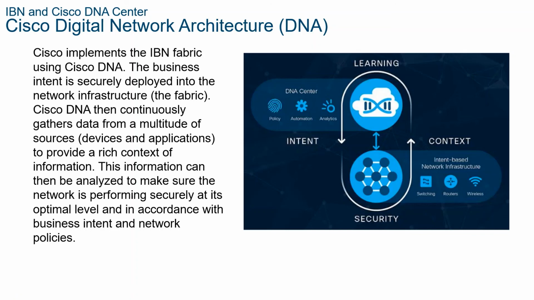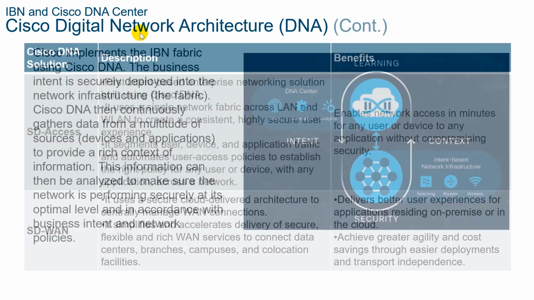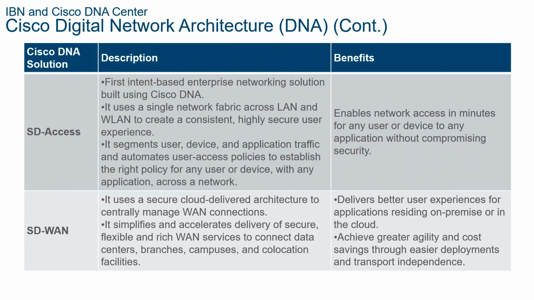This information can then be analyzed to make sure that the network is performing securely at its optimal level and in accordance with the business intent or objective and network policies. Now, the Cisco DNA is a system that is constantly learning and adapting to support the business intent or the business needs. The table lists some of the Cisco DNA products and solutions.